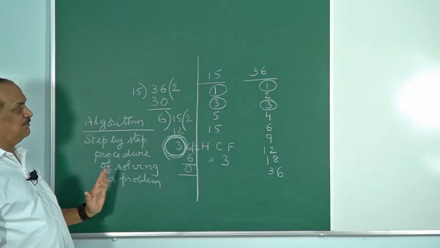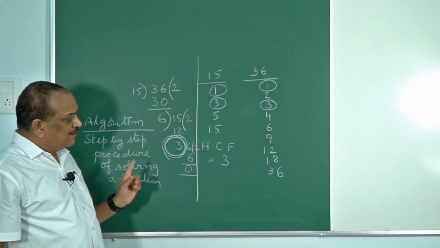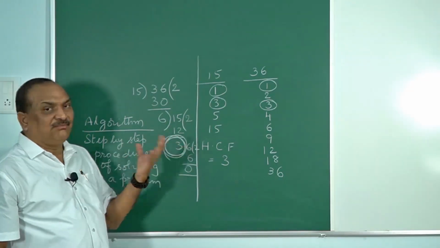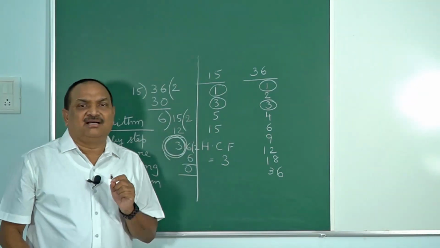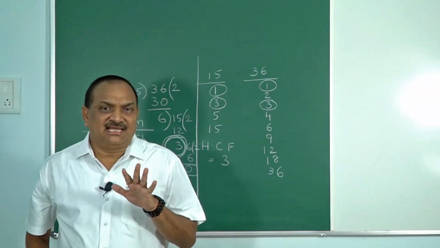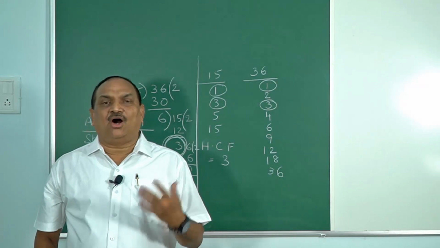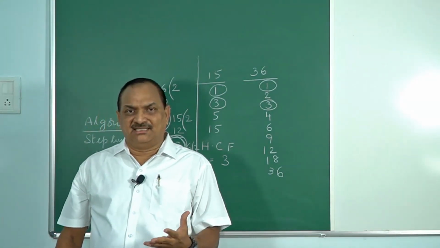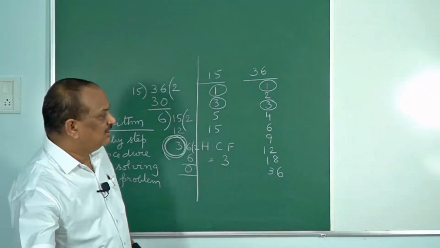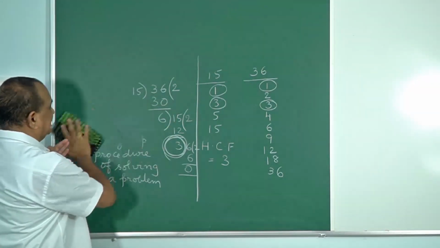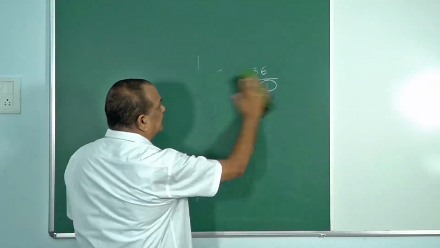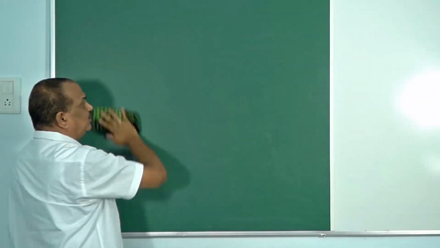It's a step-by-step procedure. Now, my contention is very simple. I take two numbers A and B, and what I need to do is find the HCF of those two numbers. I want to write the algorithm for that. So let us begin by taking two integers A and B, and let us see how we can do that.